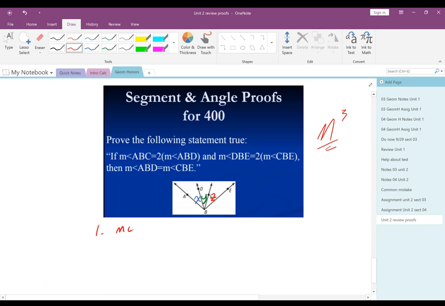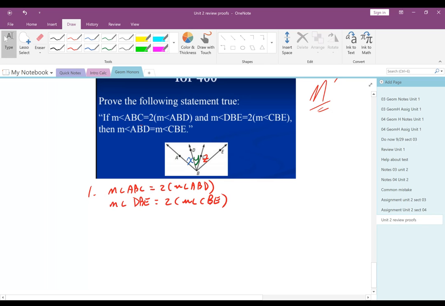The measure of angle ABC is equal to 2 times the measure of angle ABD. And the measure of angle DBE is equal to 2 times the measure of angle CBE. Okay, that's the given.